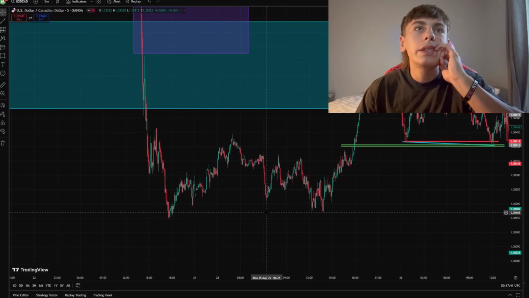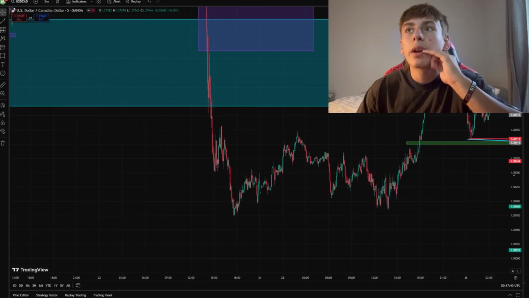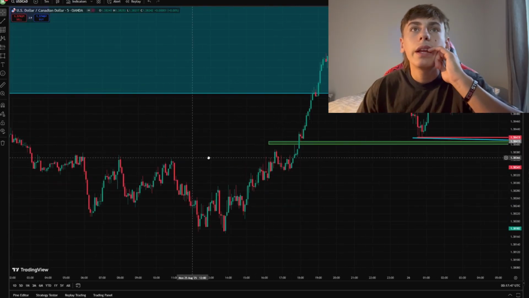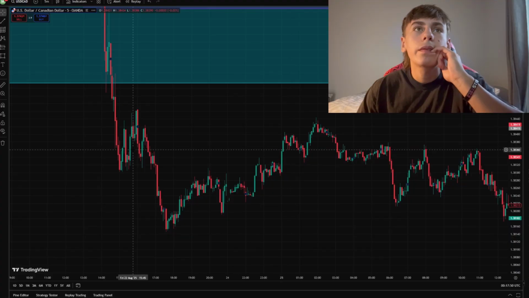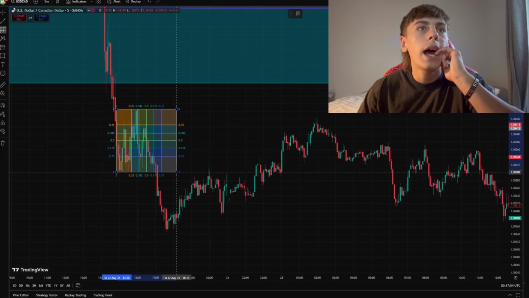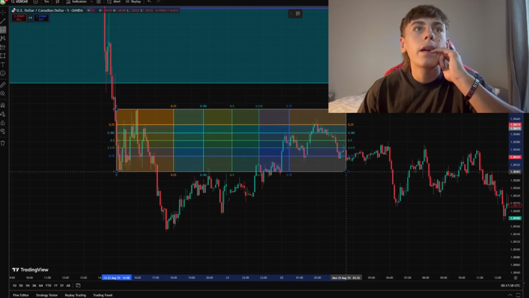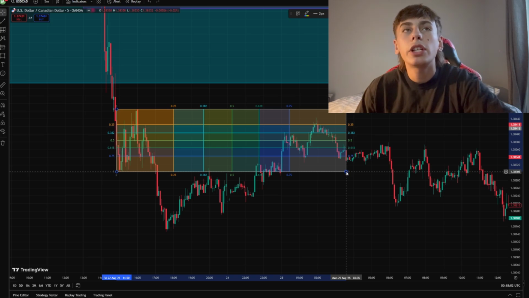Where else can we see equilibrium in the works? We can see equilibrium in the works right here. You got the low, you got the high. And I'm just going to make a bet right here that we see it like this. This is some weak equilibrium.